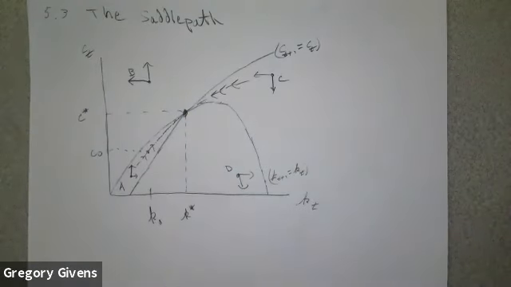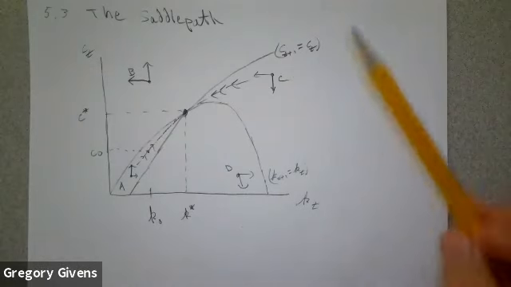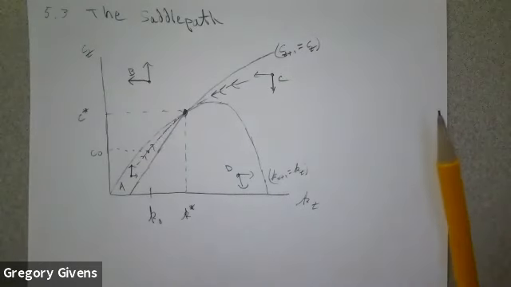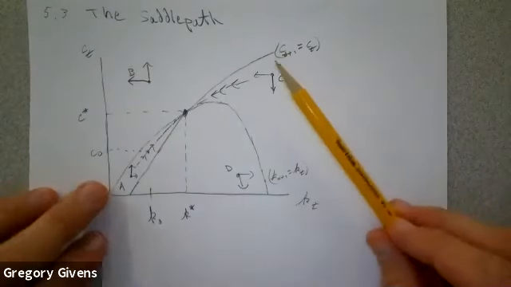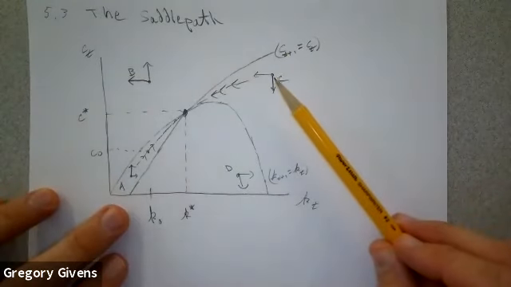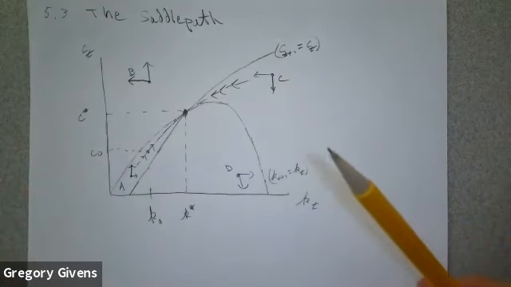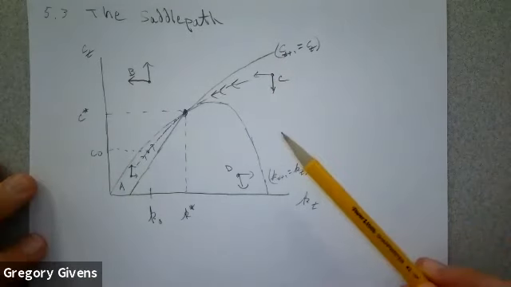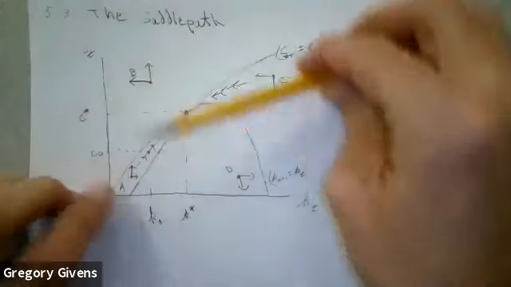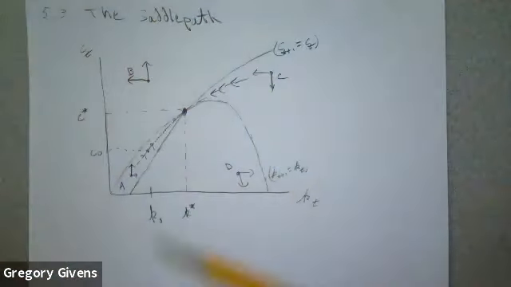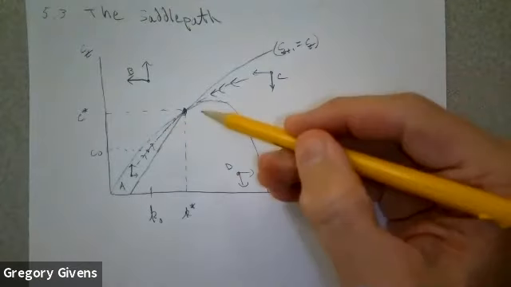And if you want to analyze how exogenous changes affect the steady state in the Ramsey model graphically, you do so through a phase diagram, right? How does an increase or a decrease in the discount rate affect the steady state? Well, it's going to alter the position of these two locus of points and therefore change the steady state.